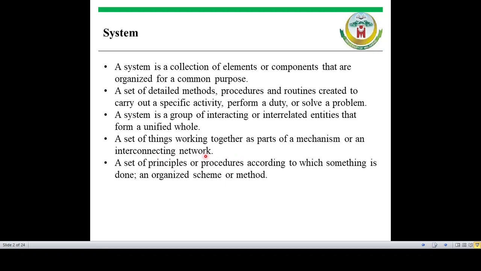Or we can also define a system as a set of principles or procedures according to which something is done in an organized scheme or method. So the system can be defined as a combination of different elements that perform some specific task.